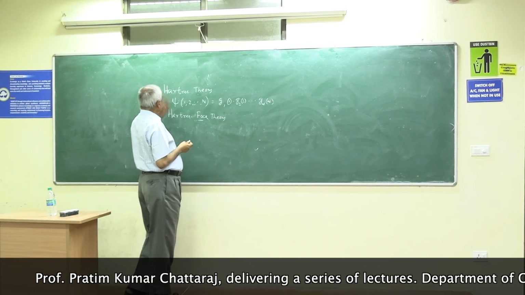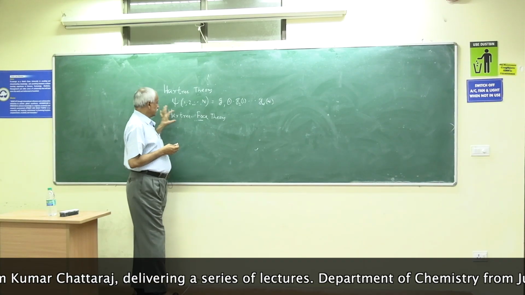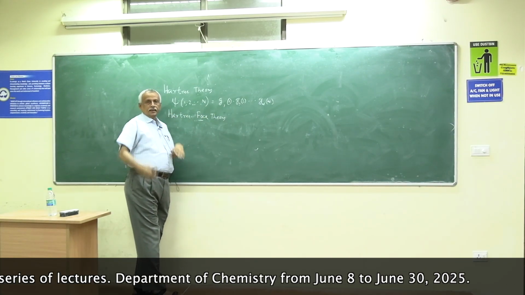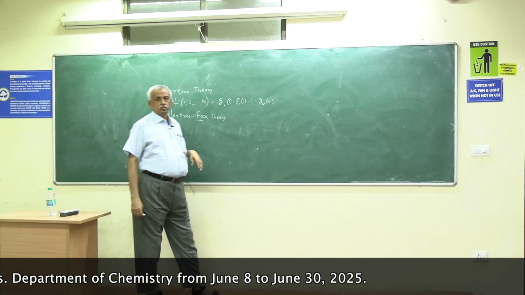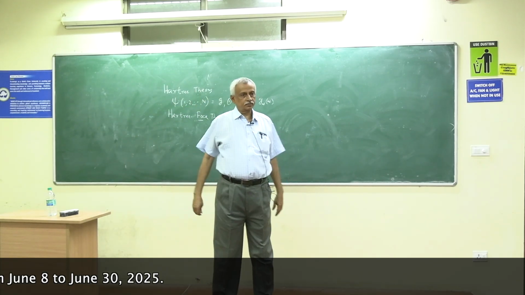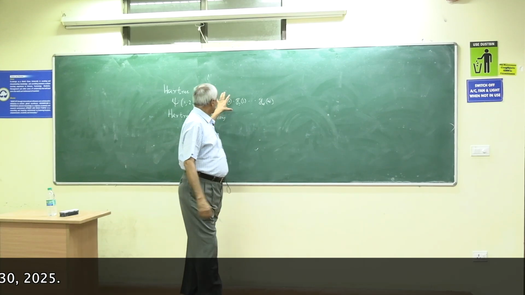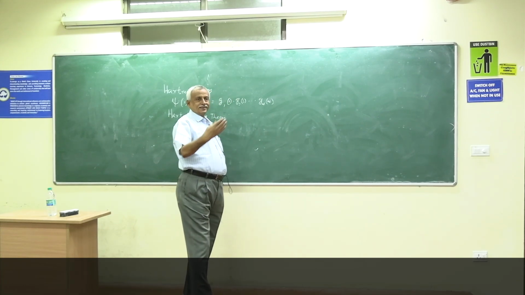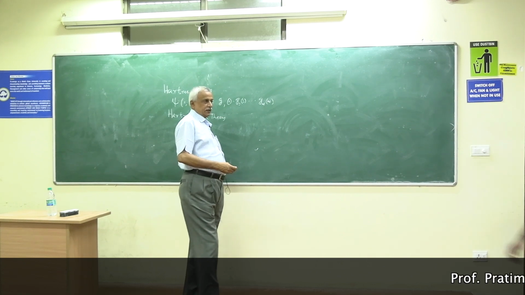So what is the improvement in the Hartree-Fock theory? As you can see, it is mostly Hartree theory, but you have something additional in order to take care of the Pauli exclusion principle. In Hartree theory, we introduced a kind of Coulomb operator that takes care of Coulomb repulsion between the electrons. Okay.